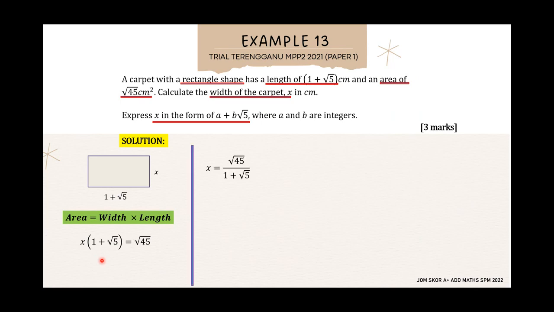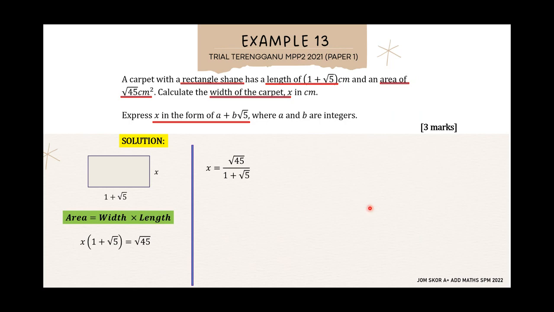So nilai X sama dengan, macam mana kita nak X saja berada di sebelah kiri on your left hand side. So kita bawa 1 plus set 5. Dia akan bagi 45 over 1 plus set 5. Okay. Now tengok pada expression ini, denominator kita ada set. So we need to rationalize by multiplying with the right conjugate.